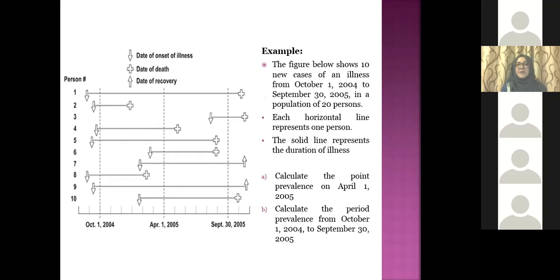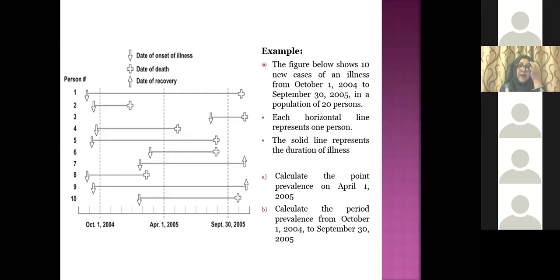Then we have one example for point and period prevalence. The figure below shows that there are 10 new cases of an illness from October 1, 2004 to September 30, 2005 in a population of 20 persons. Each horizontal line represents one person, and the solid line represents the duration of illness.